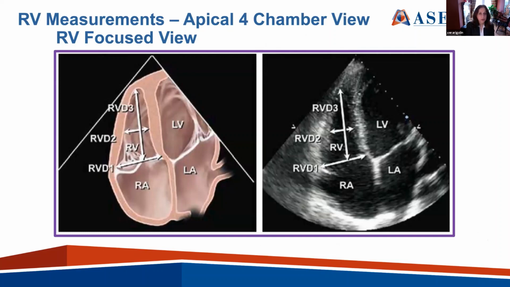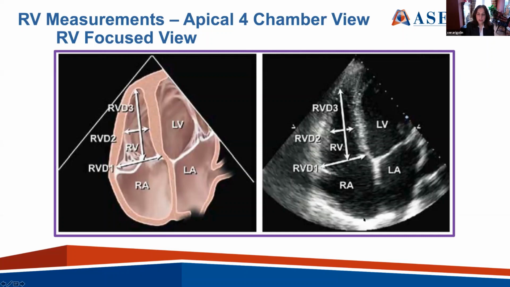The first measurement, and the most common measurement that we do, is in the right ventricular focused view. A clinical image is shown on the right-hand side of your screen, as well as an associated cartoon on the left. You see that this is not a standard apical 4-chamber view.